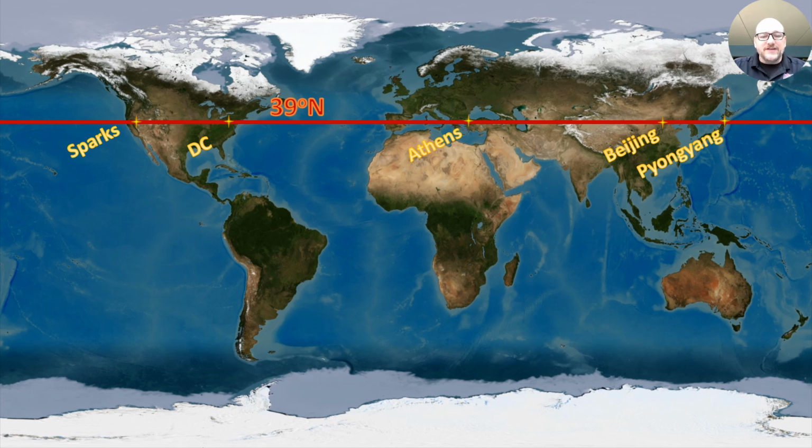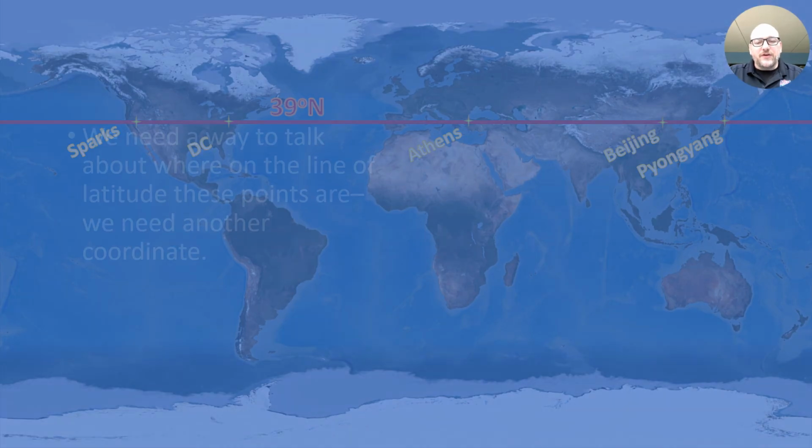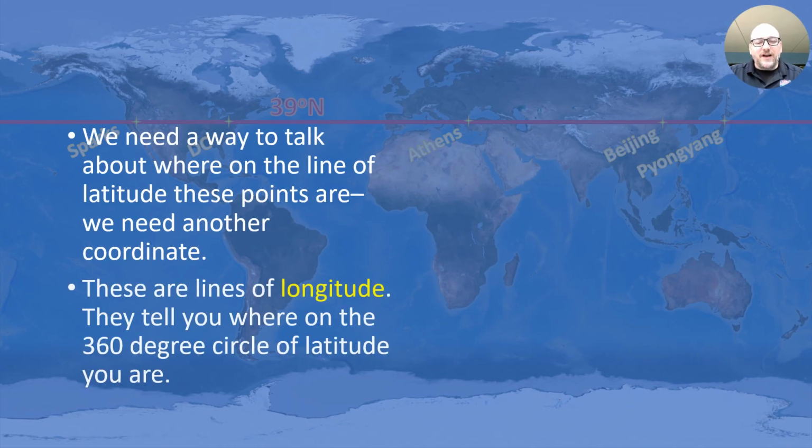All of these have a latitude of about 39. We need a way to distinguish which ones we're talking about. So we need another coordinate. And the way to talk about where you are on this line of latitude is longitude.